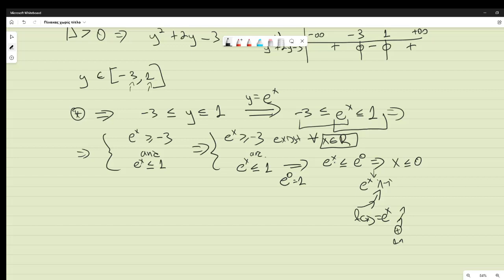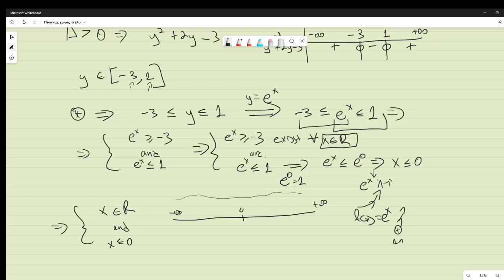So we have the two solutions: x must belong to R, and x must be negative or 0. So we will have this over here, all the values of R. The first part says that x is moving everywhere here, but the second part tells us that x must be smaller or equal to 0.